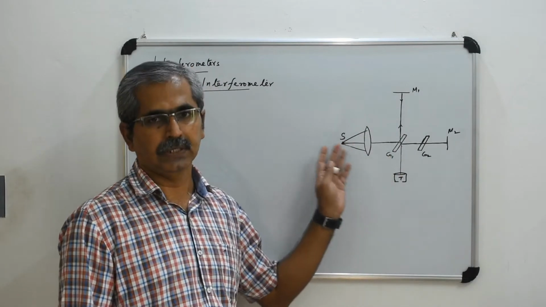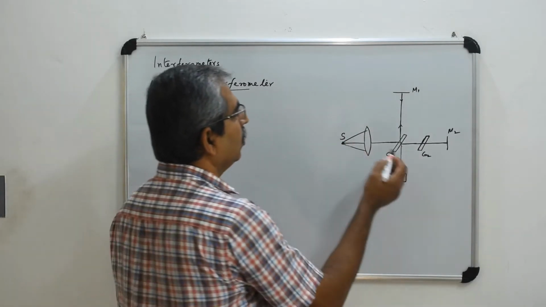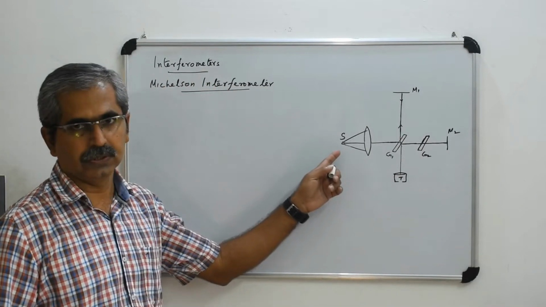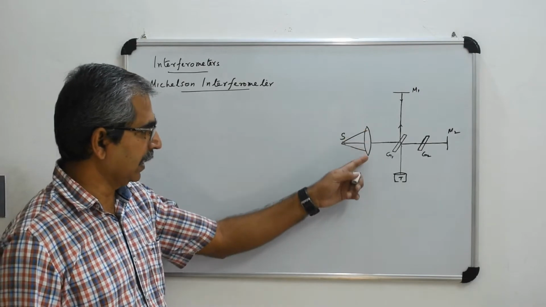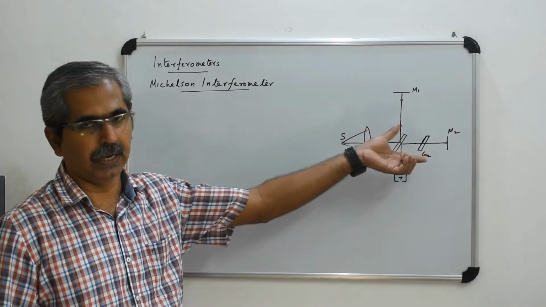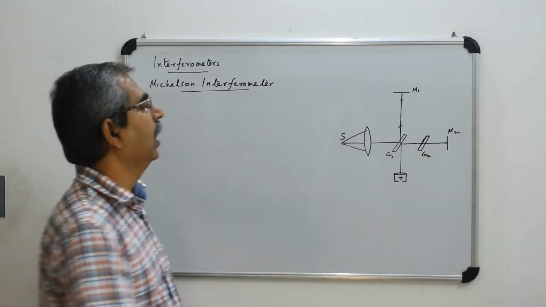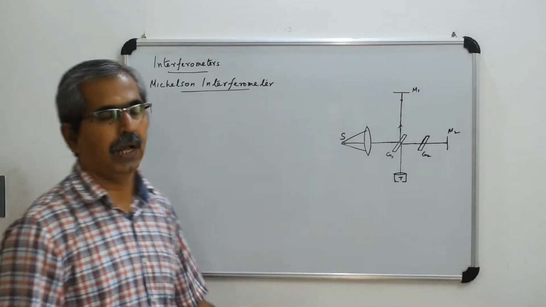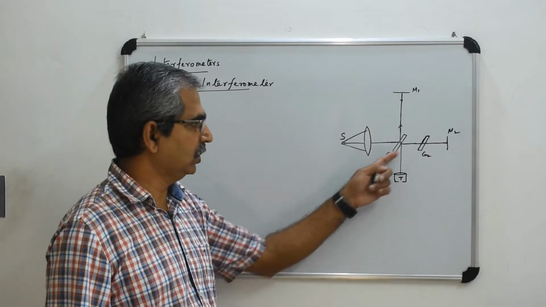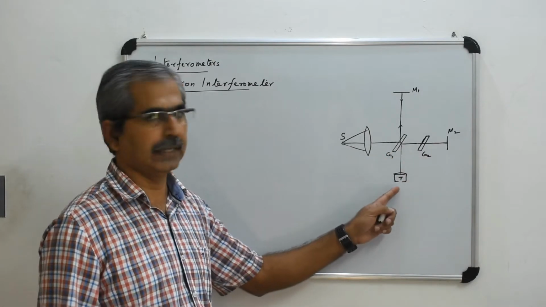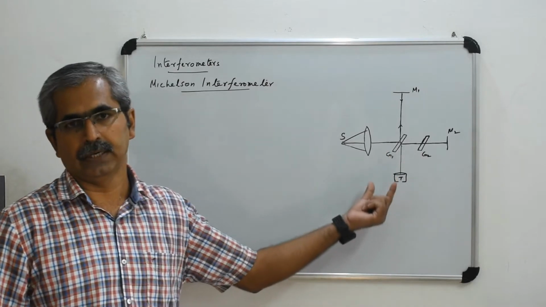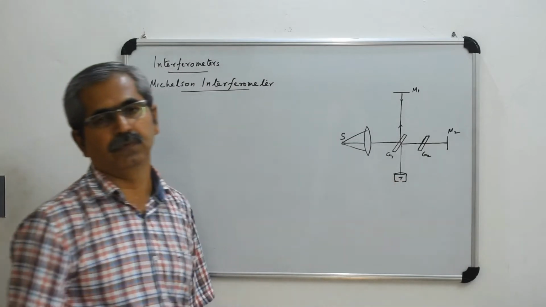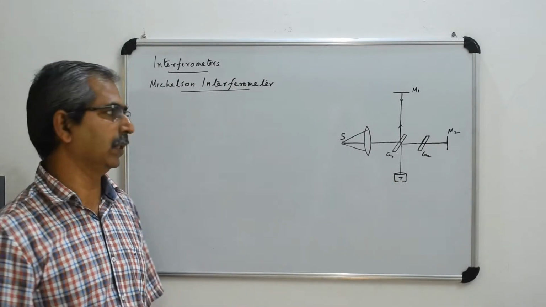We have a source of light, an extended source of light S. Then there is a lens to make the beam parallel, and then two mirrors M1 and M2, two glass plates G1 and G2, and a telescope to observe the interference pattern. These are the basic components of a Michelson interferometer.